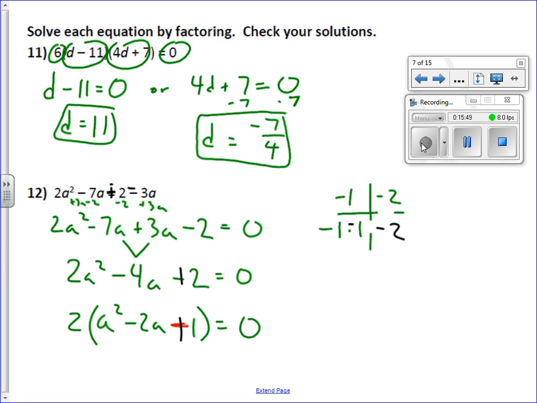So if it becomes a plus 1, then everything comes out nice and neat. But if it's a minus 1, in other words, if this was a minus 2 here and here, then we really can't factor it anymore, and it becomes prime at this point if this is negative.